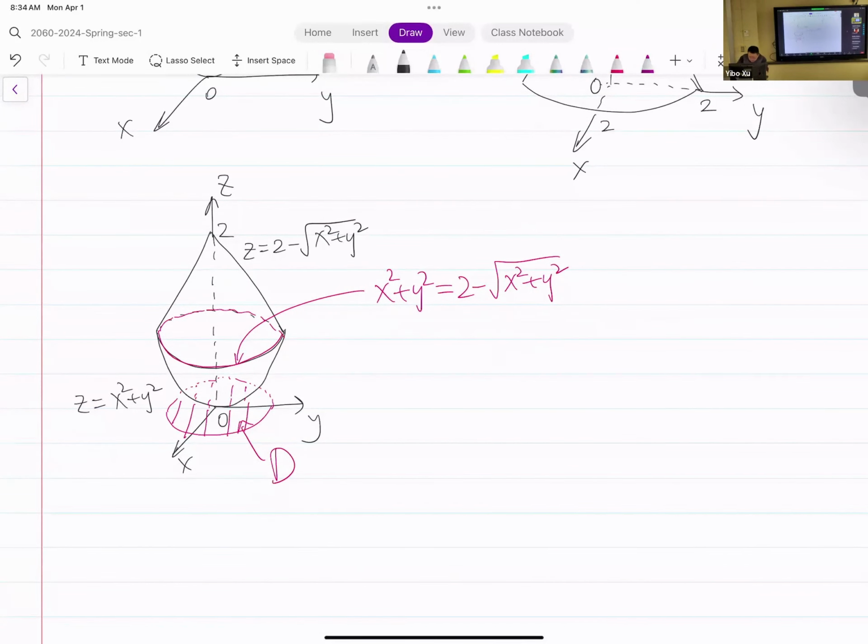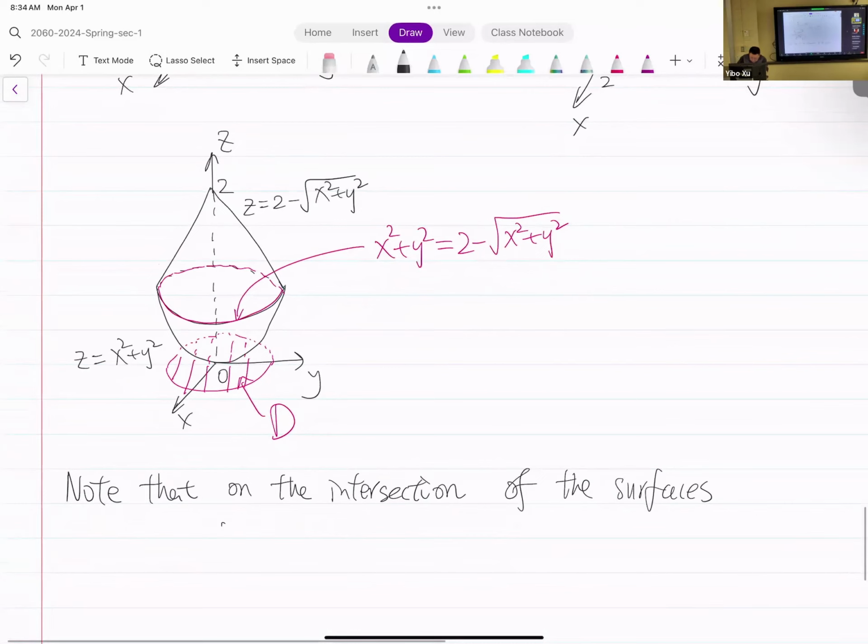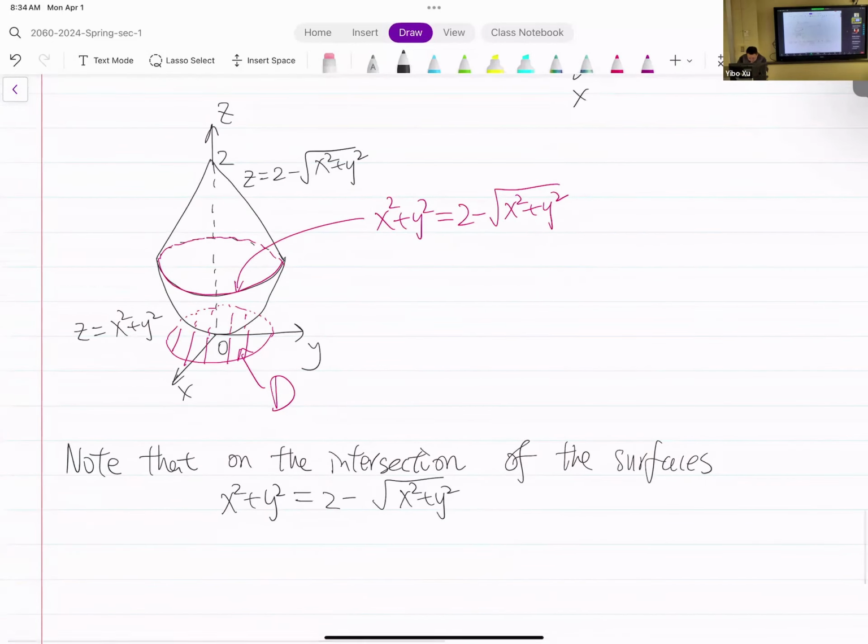So let's put things down. Note that on the intersection of the surfaces, we know that the functional value of the paraboloid must equal the functional value of the cone. Like we mentioned, x squared plus y squared is actually the square of the radical.